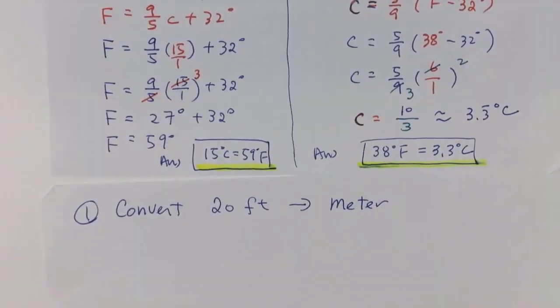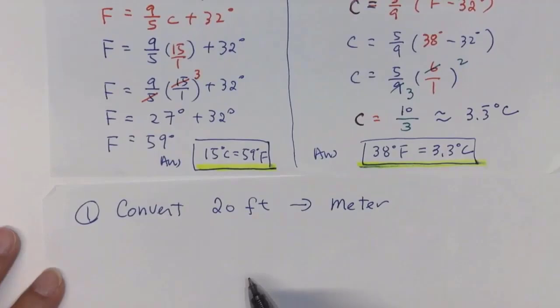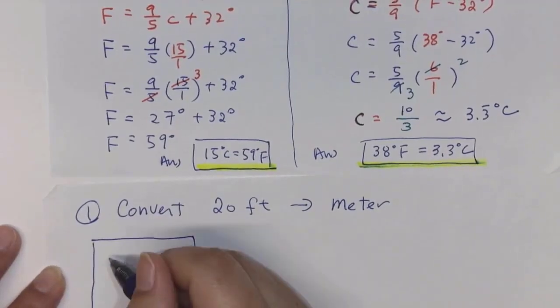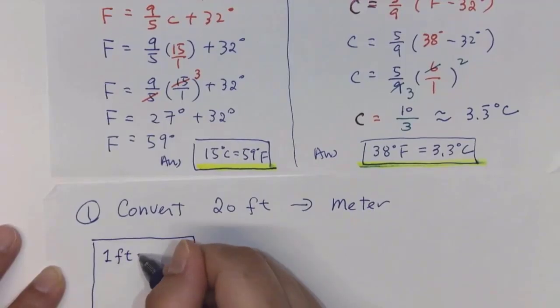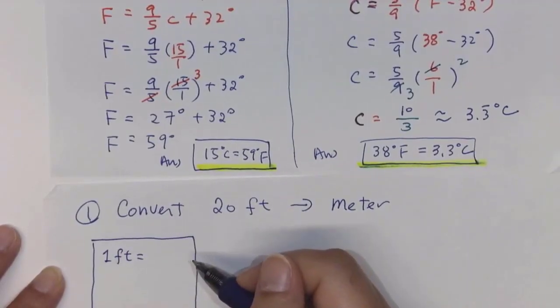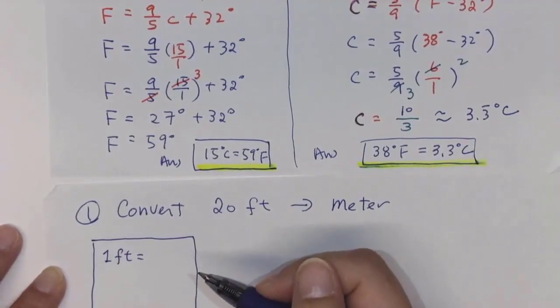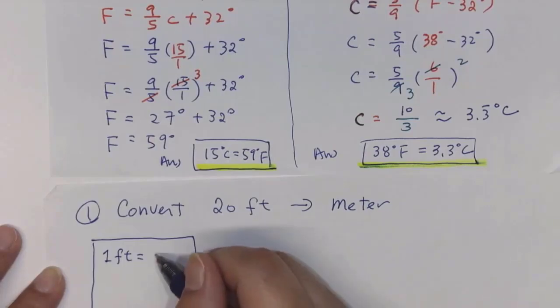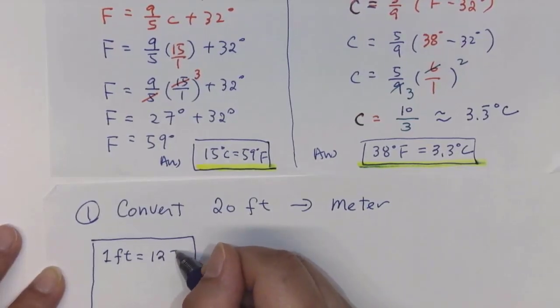So using your handout, I need to find things that are related to feet and somehow link it to meters. So I know 1 foot can equal to what? Look at your handout. 1 foot can equal to 12 inches.